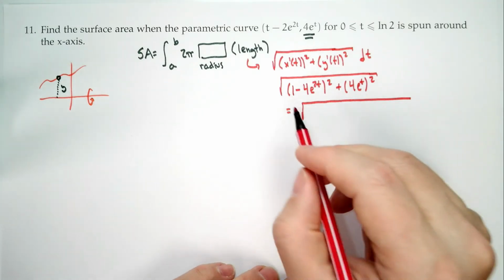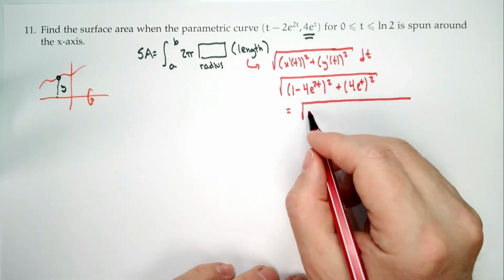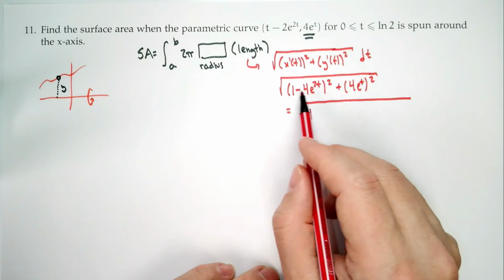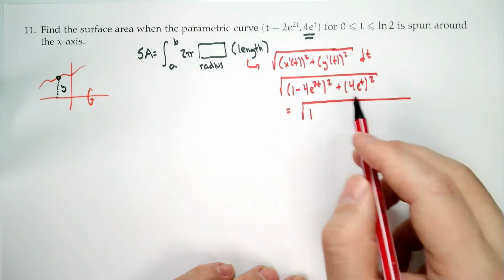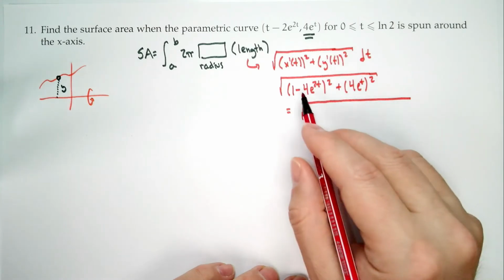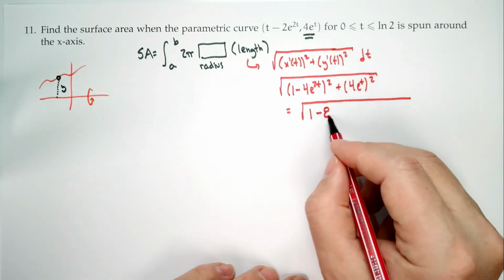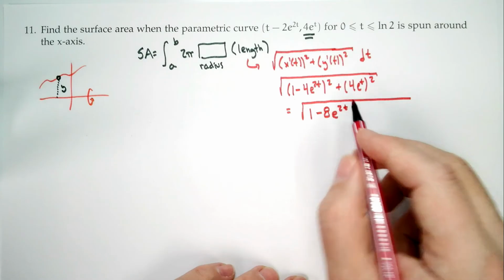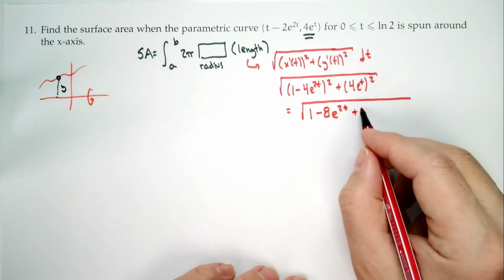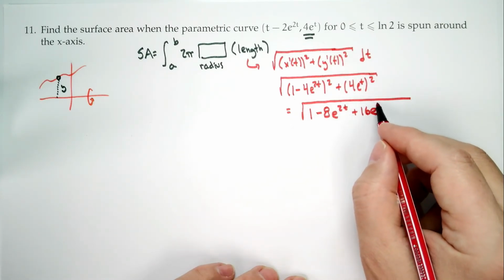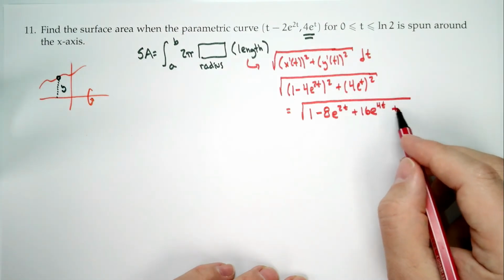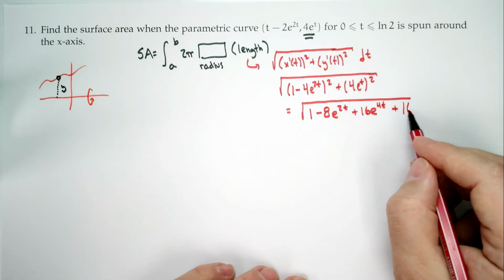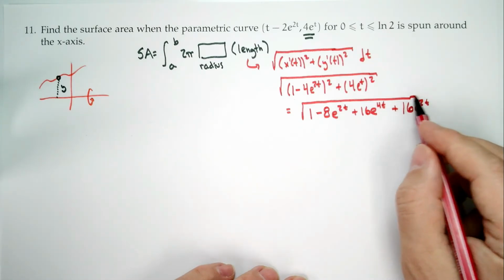We're going to let it shine. Square this, you get 1. Then you get the cross terms. So it's like a squared, then 2ab. So it'll be 2 times 4 is 8. There's a minus sign, so it's minus 8 e to the 2t, square the last term, plus 16 e to the 4t. Now how about this term? It's also a 16, but it's not 16 e to the 4t, it's 16 e to the 2t.